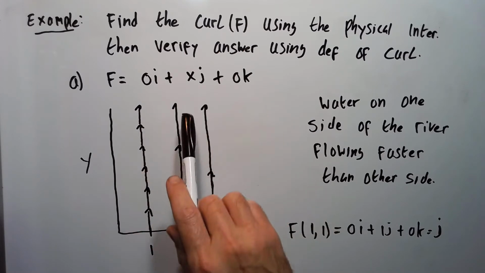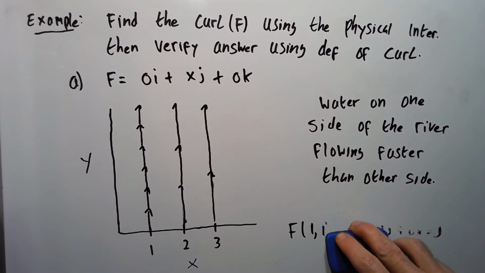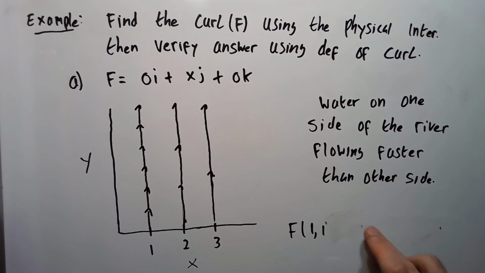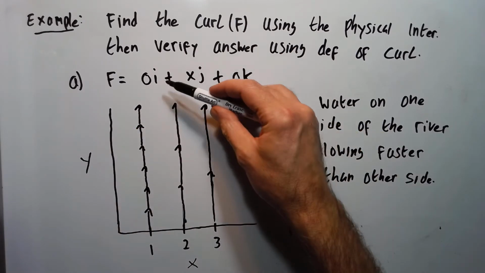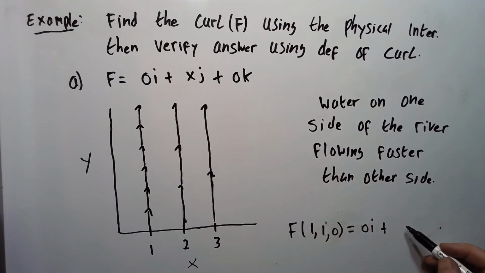I've drawn some things here, so you might ask how I did that. Well, if you evaluate, assuming this is the x-axis here, y-axis here, if we went to f of 1, 1, 0, well, the function is just 0 in the i, so it'll be 0i, then it'll be x in the j, x here is 1, so it'll just be j, and 0 in the k.